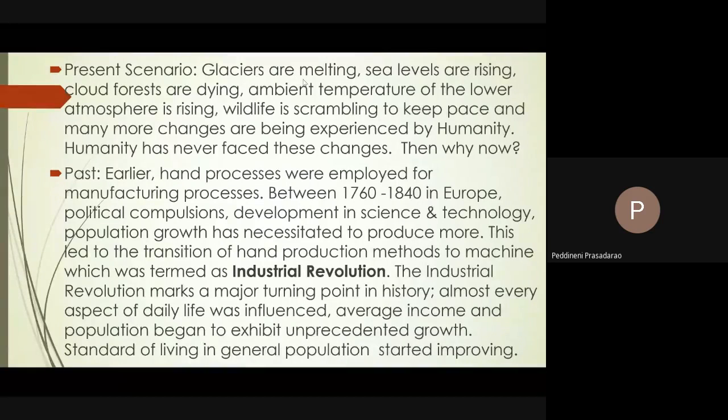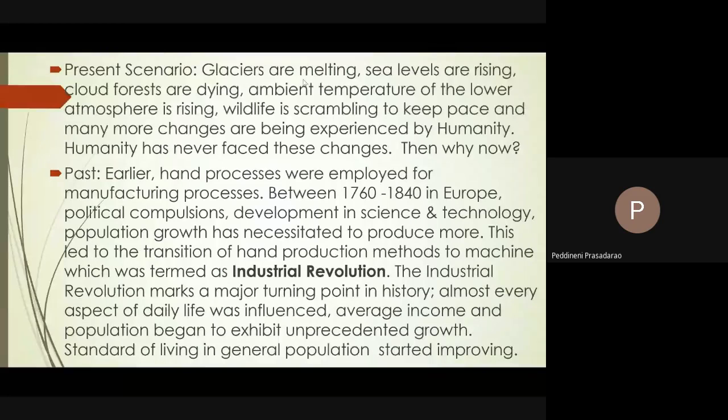So you had a limited amount of energy actually. That is what I want to drive at. The energy at that point of time used for manufacturing processes was limited.